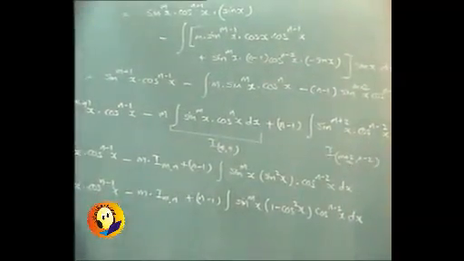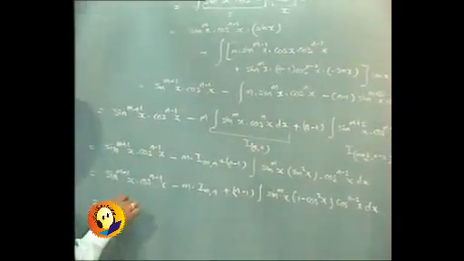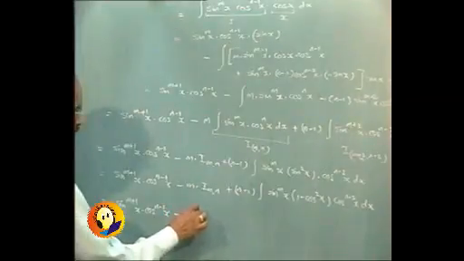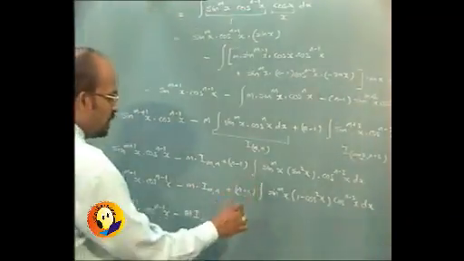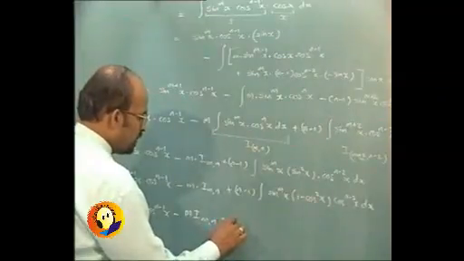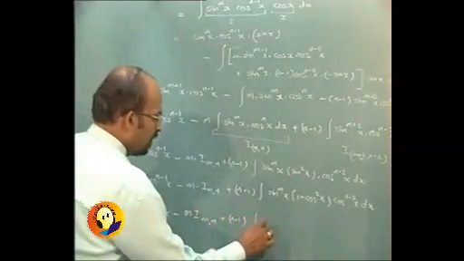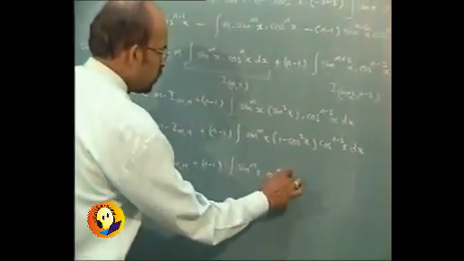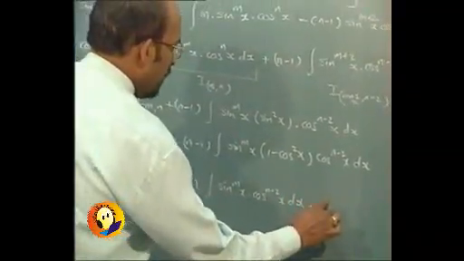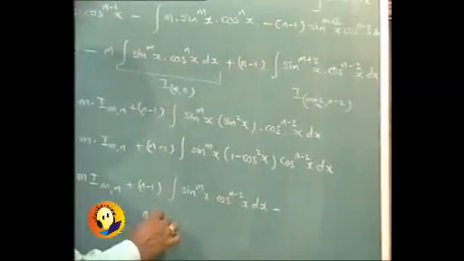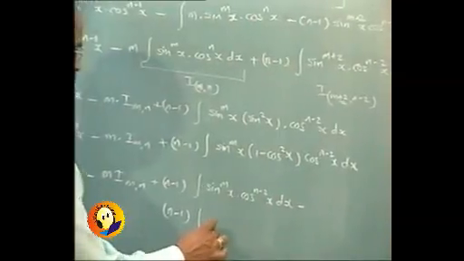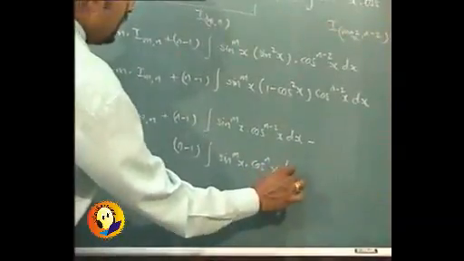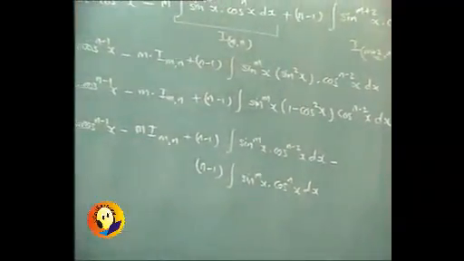We will go ahead, first two terms again as they are, and if we split the integral, it will be plus n minus 1 integral sin raised to m x into cos raised to n minus 2 x dx minus n minus 1 integral sin raised to m x into cos raised to n x dx, which will be again I(m, n).